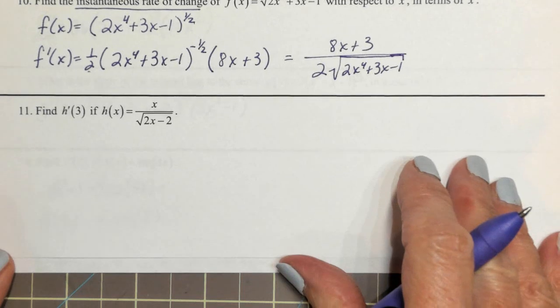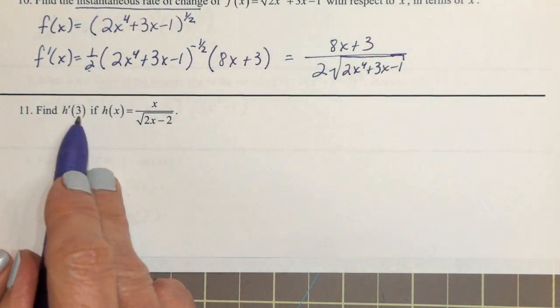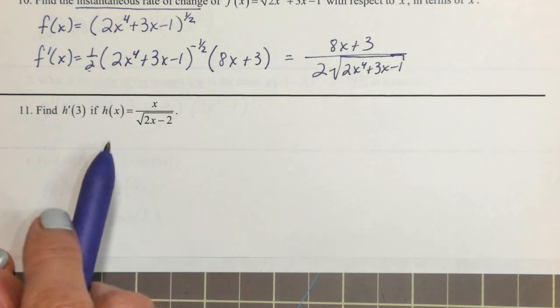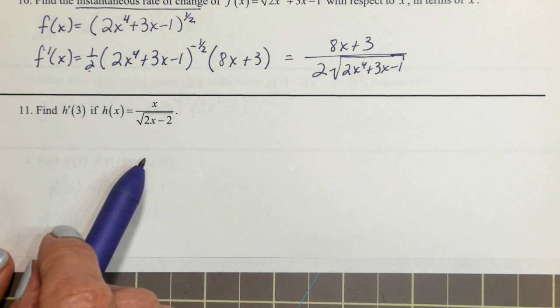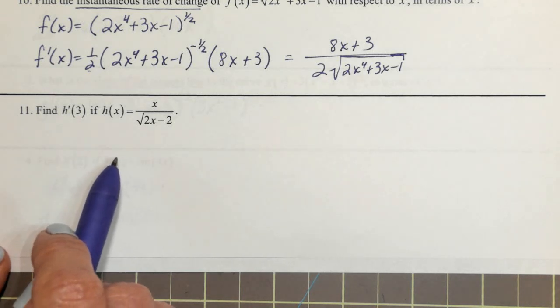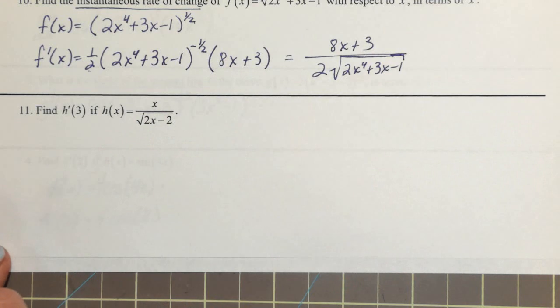Okay, number 11. Find h prime of 3 if this is h. Okay. Well, I can see doing this a couple of different ways, but I think the way I'm going to do it is using the quotient rule because it looks like a quotient to me.